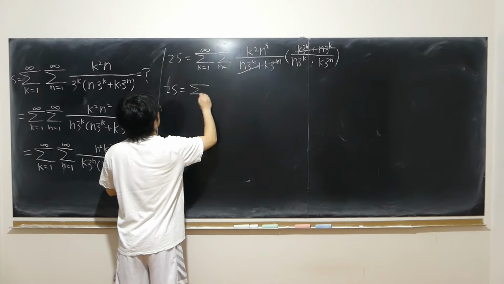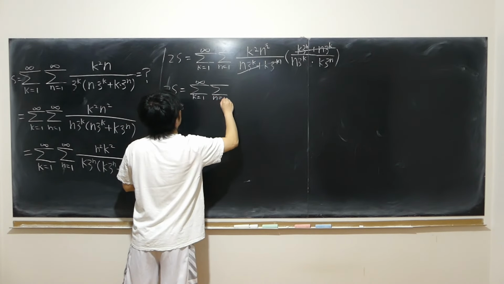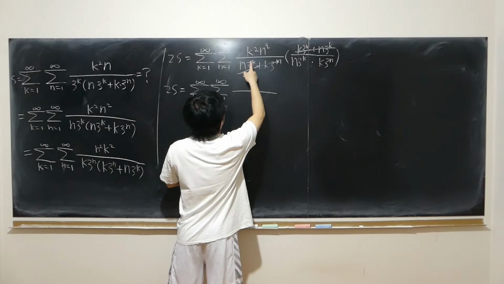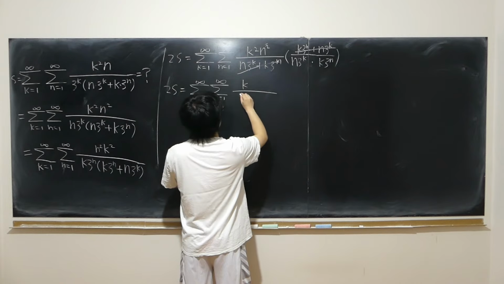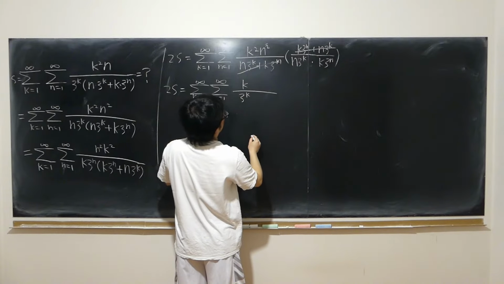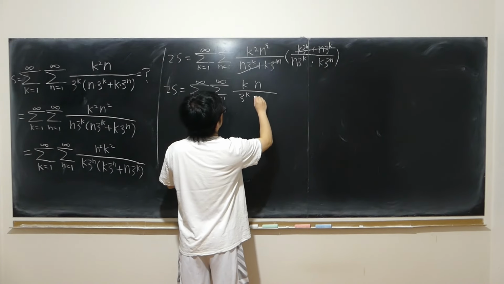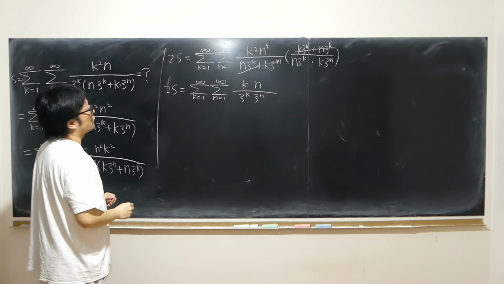2s equals sum over k from 1 to infinity, n from 1 to infinity, and I simply have k over 3 to the k and n over 3 to the n. Right?